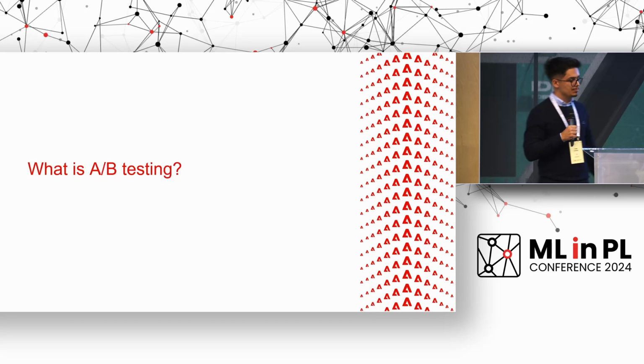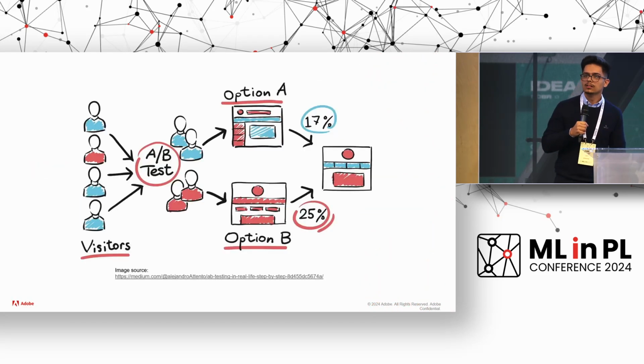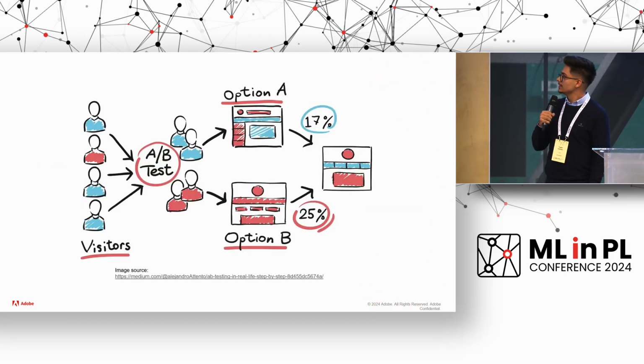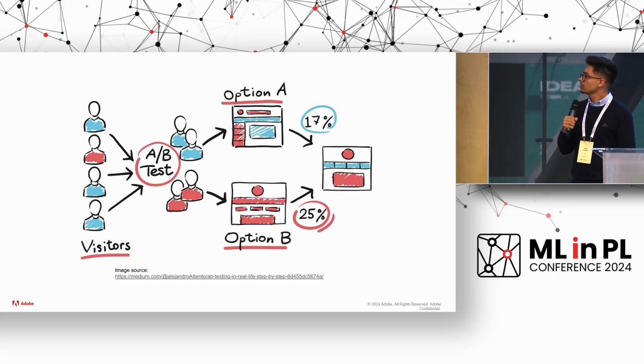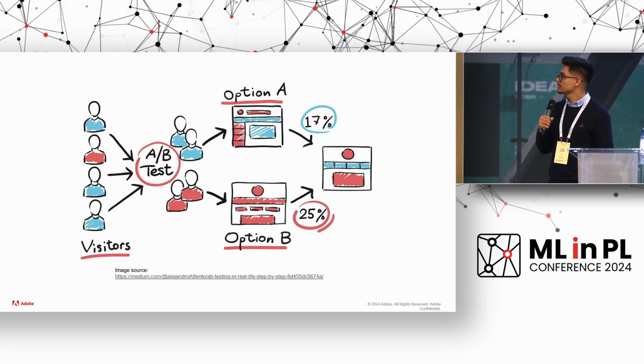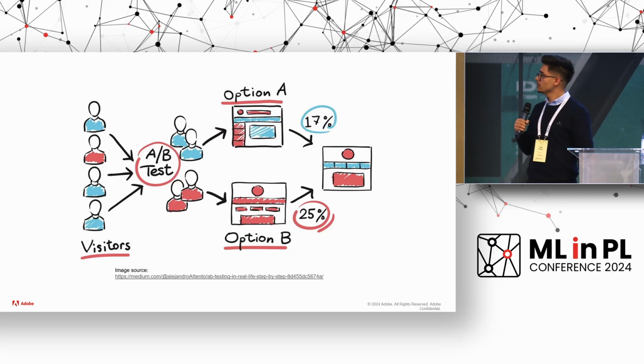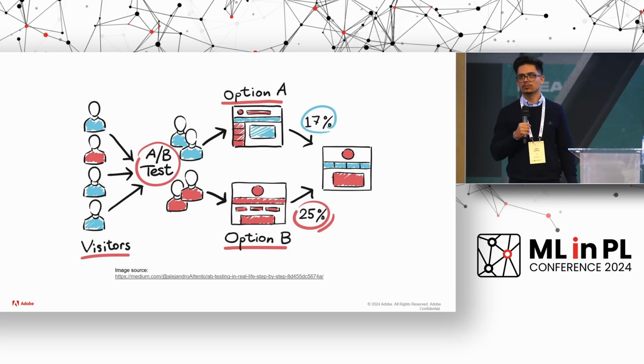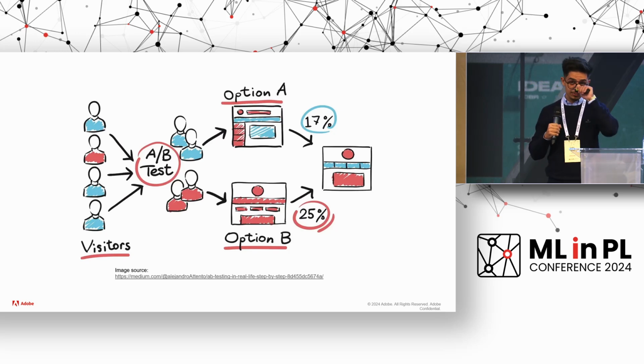Now, what is A/B testing? I found this very suggestive image that I'll explain. So basically, when you make an A/B test, you want to split your visitors in a bunch of groups, at least two.